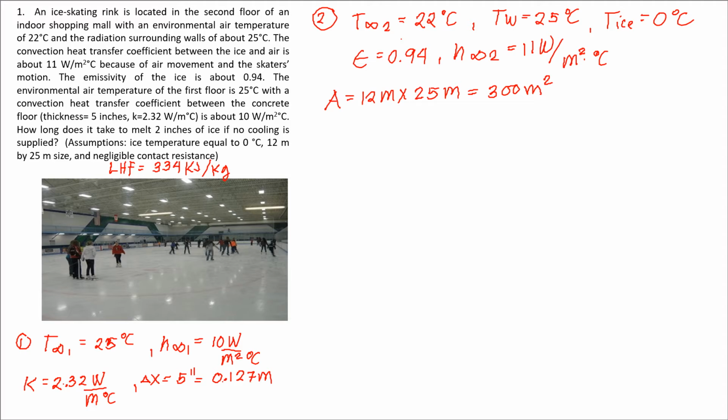So the total heat transfer in this problem requires the equation Q radiation plus Q convection plus Q, and since this is a combination of conduction and convection, we simply put this as CC. Okay, so first we have to analyze and compute the QCC.